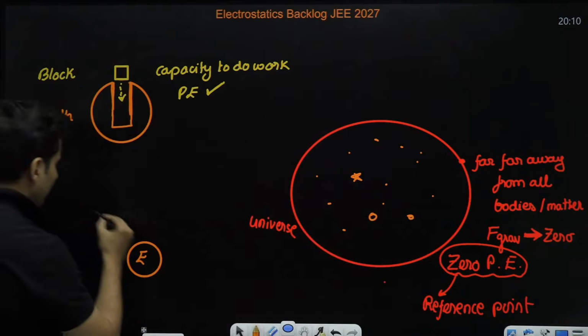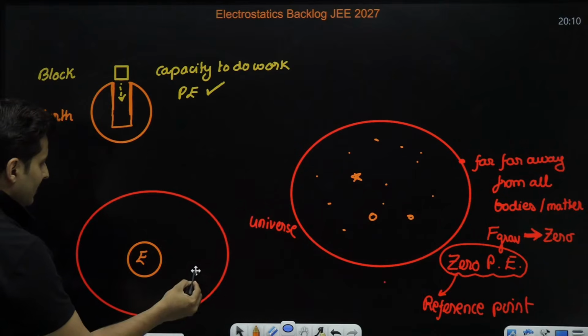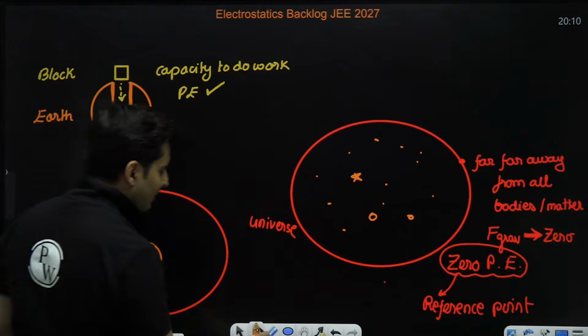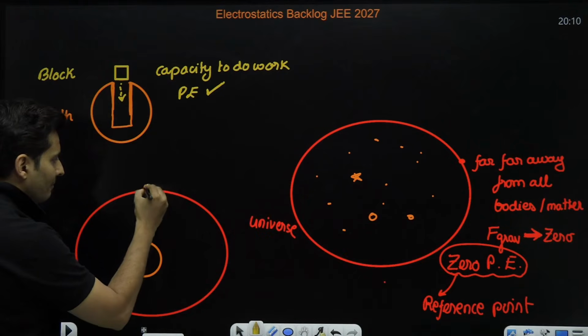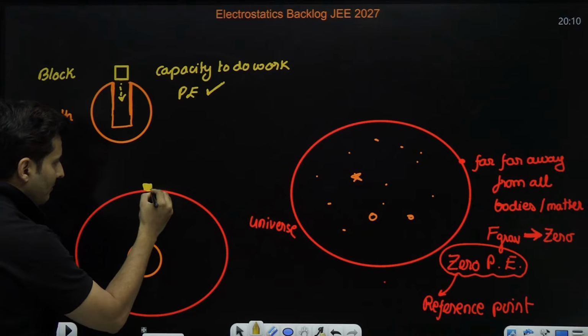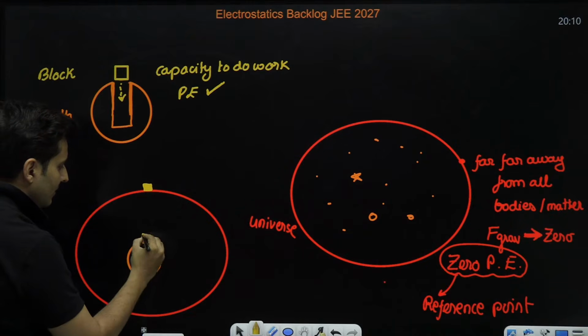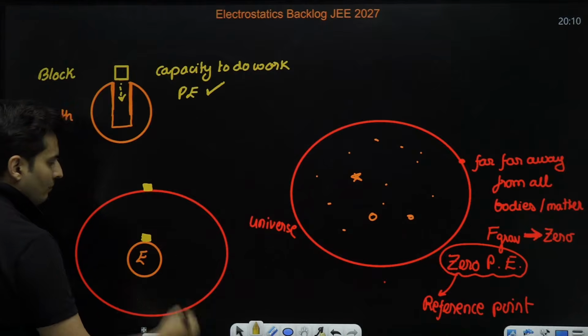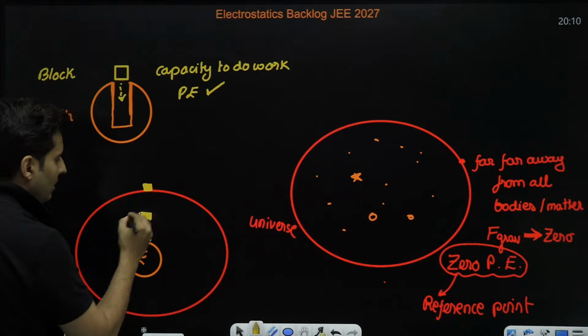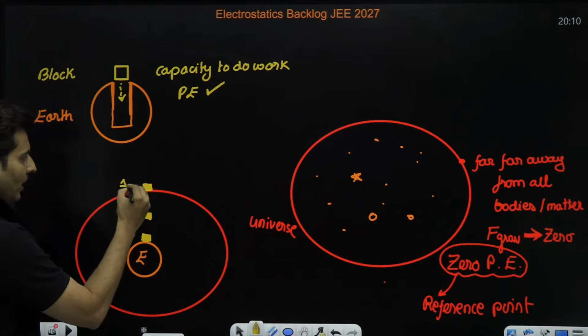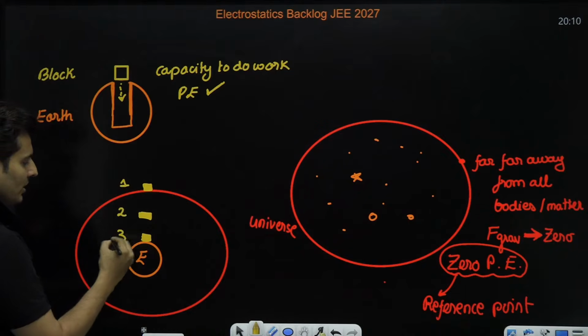This was our universe. This is a very small diagram, guys, so don't worry about it. My block is here, versus my block is here, or my block is, let's say, here. 3 situations: situation 1, situation 2, situation 3.